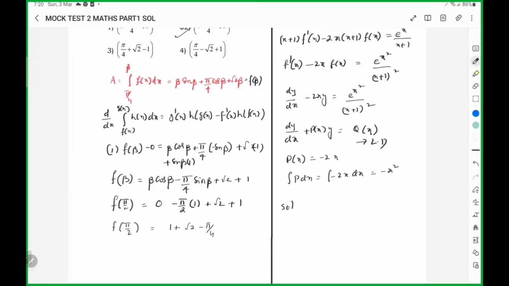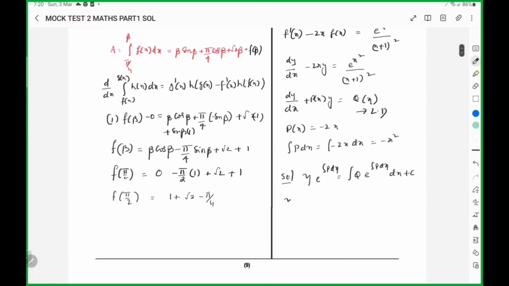The solution is y e power integral p dx equals the integral of q e power integral p dx plus c. Y e power minus x square is the integral of q, where q here is e power x square by x plus 1 whole square, times e power minus x square dx, plus c.